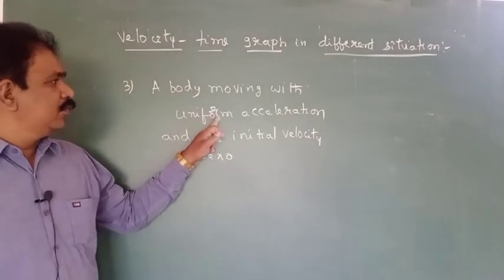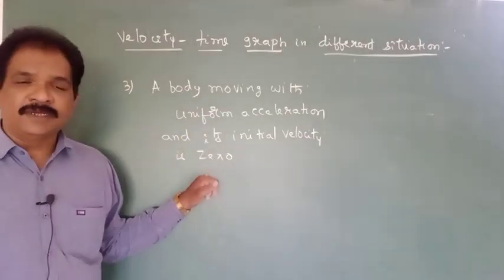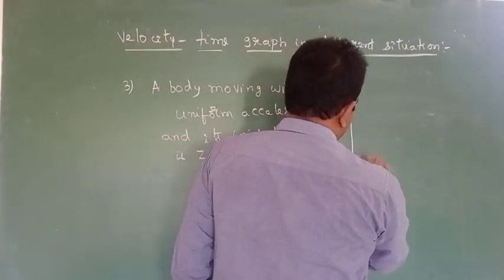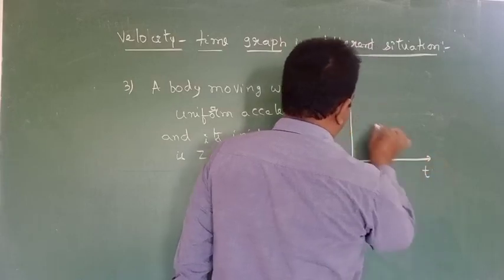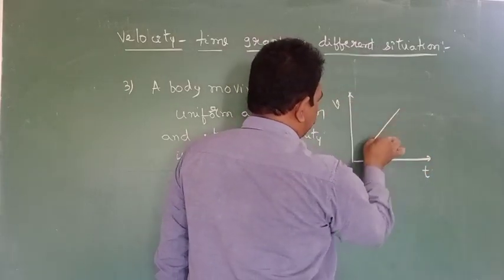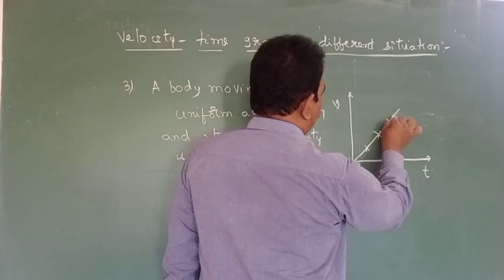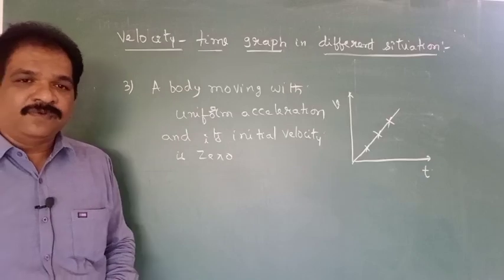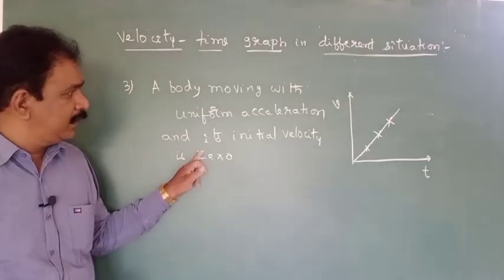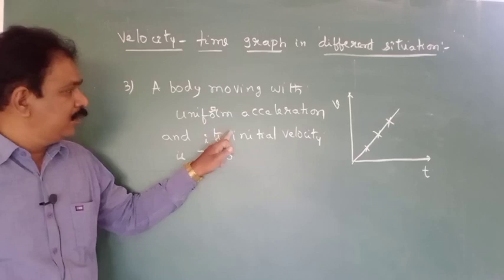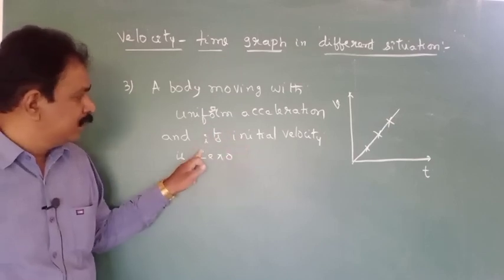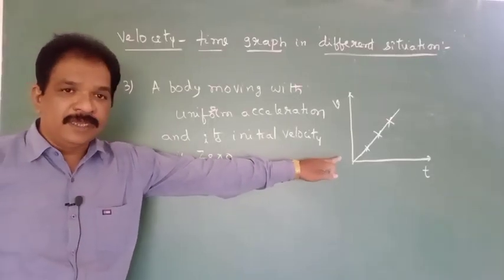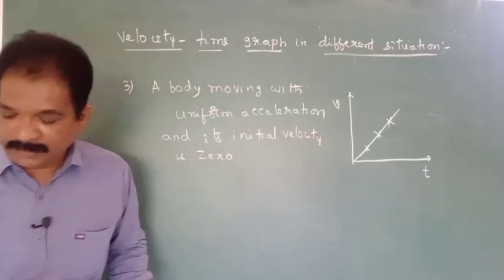Body is moving with uniform acceleration and its initial velocity is 0. In that case, the velocity time graph will be a straight line passing through the origin. Like this, the graph shape will be there. Point is clear? In that case, the velocity time graph will be in that manner.